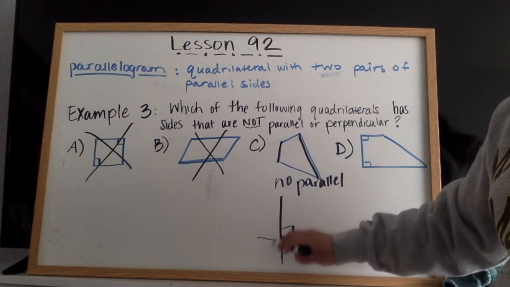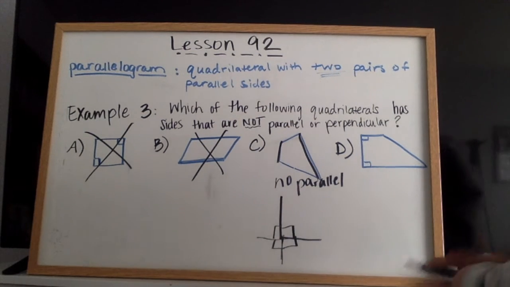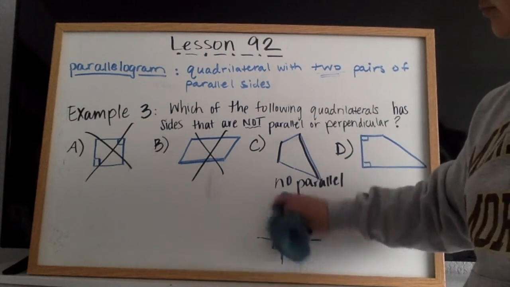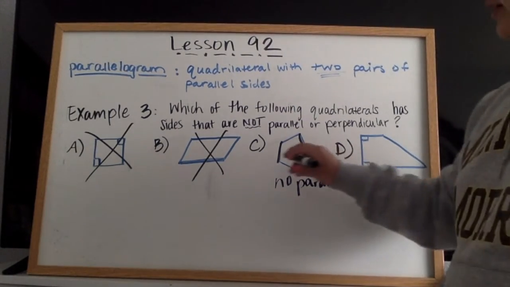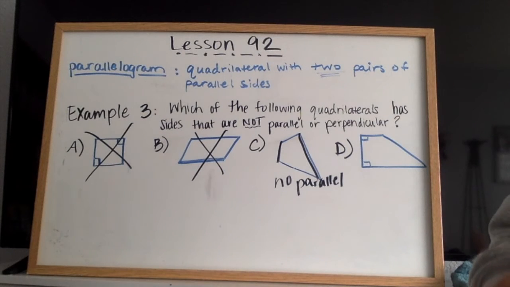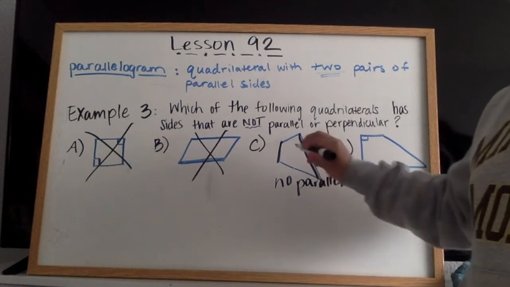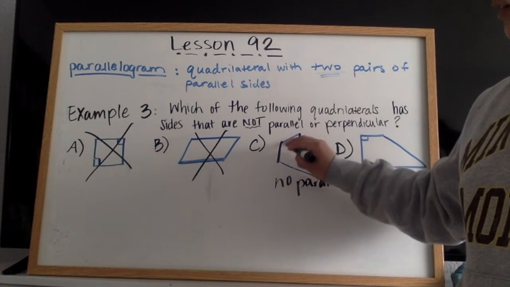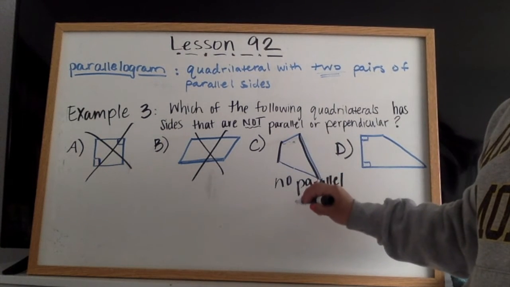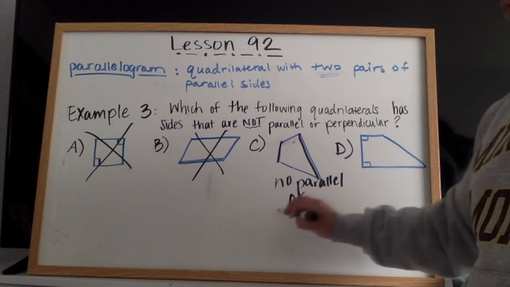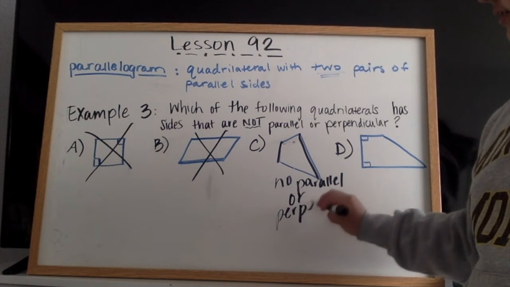All angles would be 90 when they cross. In letter C, there is nowhere on here that looks like a perfect L. Nothing makes the 90 degrees that I can see. So this one does not have perpendicular lines either.